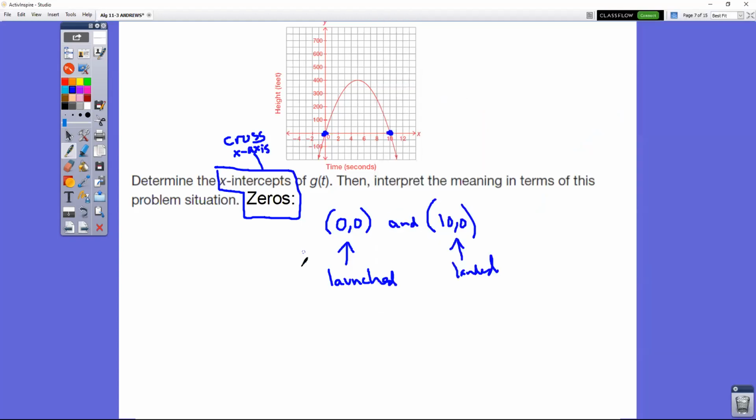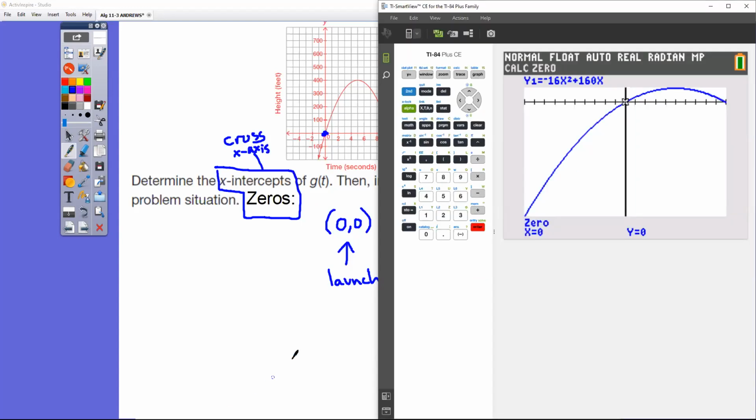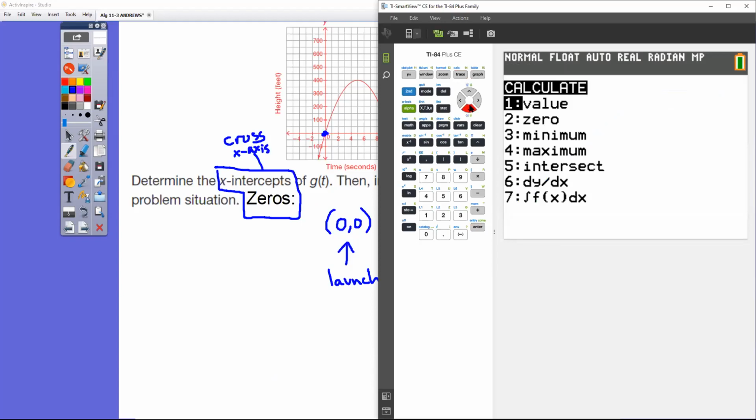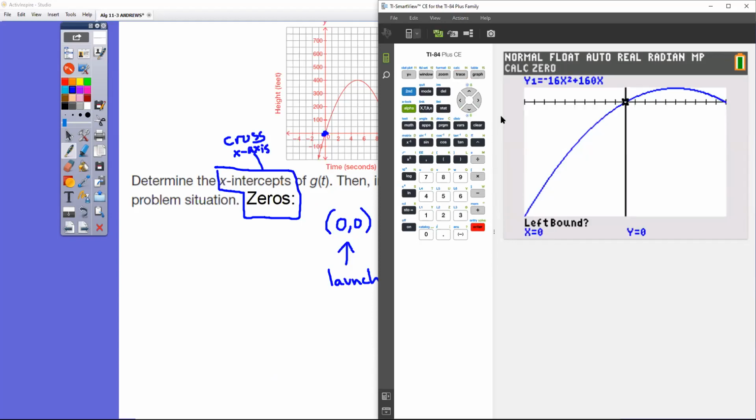The first zero is (0, 0), which is what we thought. It crossed right here. I lost my calculator. The way to find your second zero, hit second calc again, and then 2, which is zero. It asks you for the left bound. So now I'm going all the way over to that other point, but I want to stay on the left-hand side of it.